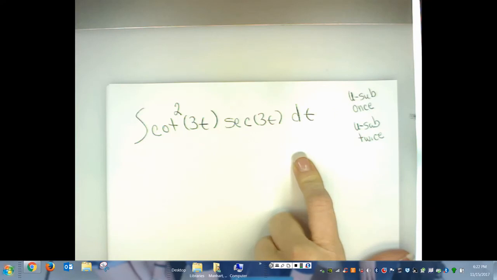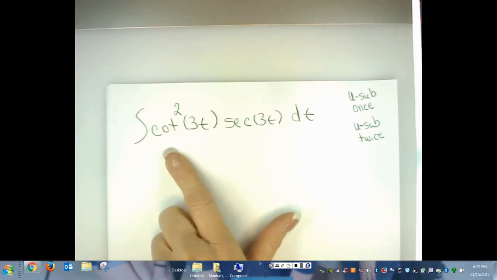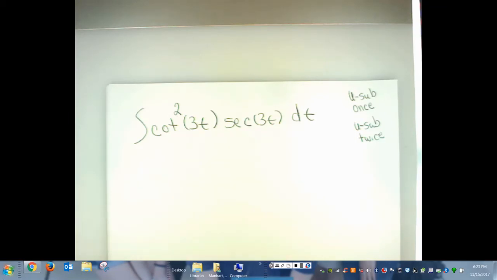If you're going to do u sub twice, you're going to begin by letting u be 3t, so that you just have everything in terms of u. So cotangent u squared and secant of u. But there is a way to do the u sub once. I'm going to do the u sub once.